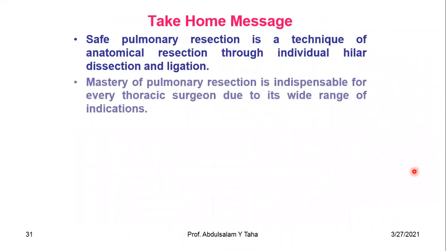So the take-home messages from our lecture: safe pulmonary resection is a technique of anatomical resection through individual hilar dissection and ligation. Mastery of pulmonary resection is indispensable for every thoracic surgeon due to its wide range of indications.